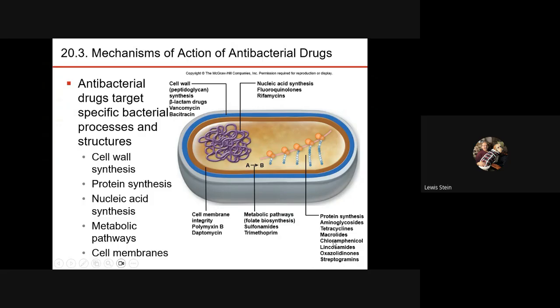Those are the giant categories. The trouble with cell membranes in bacteria, remember I mentioned in passing polymyxin B, is it attacks our cell membranes. That's why it's very, very rarely used. We'll talk about daptomycin.